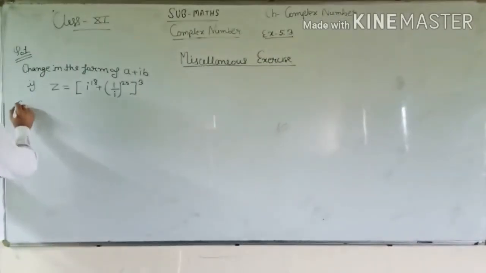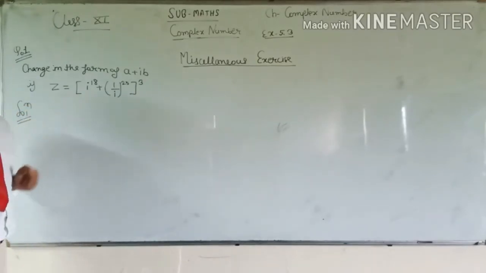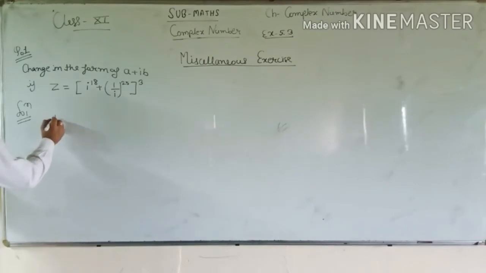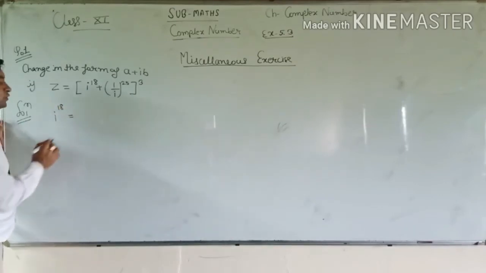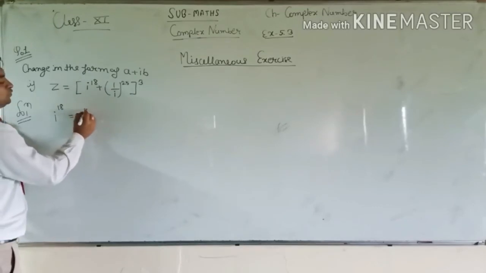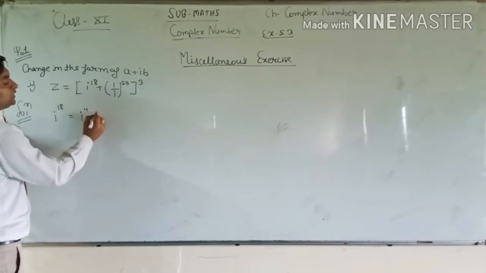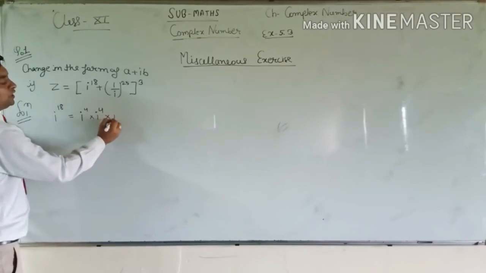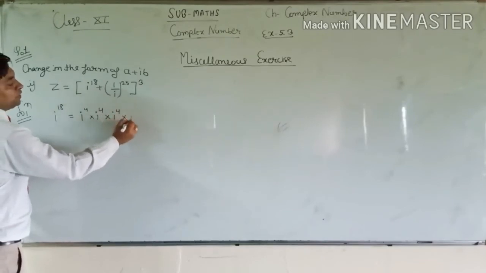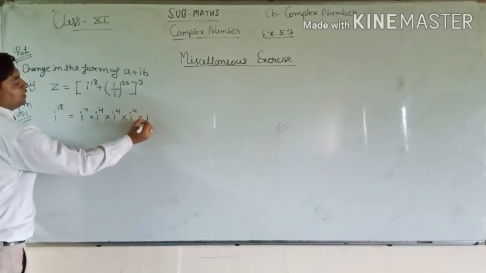Now let us start. The solution is, first we have iota power 18. Iota raised to 18 is equal to iota raised to 4 into iota raised to 4 into iota raised to 4 into iota raised to 4 into iota raised to 2.